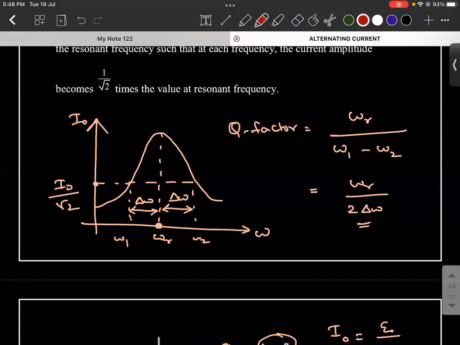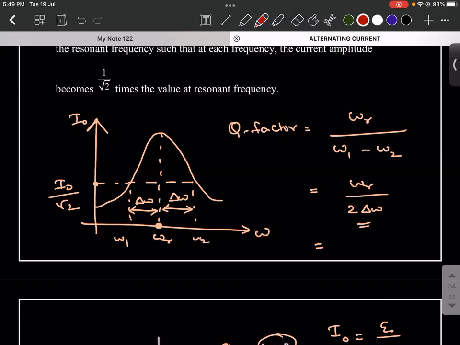The distance between omega r and omega 2 is delta omega, and between omega 1 and omega r also delta omega, because they are symmetric with respect to omega r. Adding those two, I get 2 times delta omega, so it is omega r divided by 2 times delta omega.